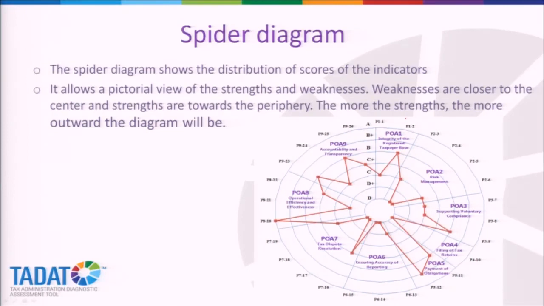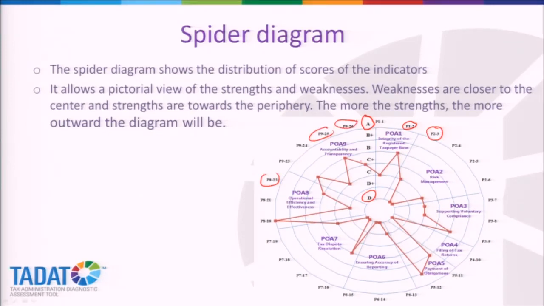The weaknesses are closer to the center of the concentric circles, and the strengths are towards the outside. You will see that the A's are over here and the D's are over here. And these are the indicators, all the 26 indicators from 1, 2, 3 all the way to 22, 24, 25, 26.